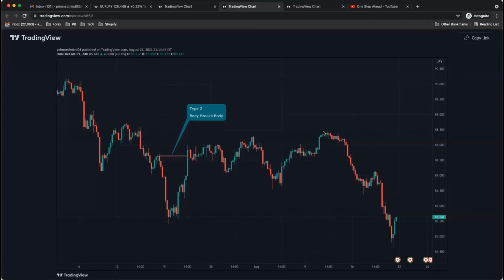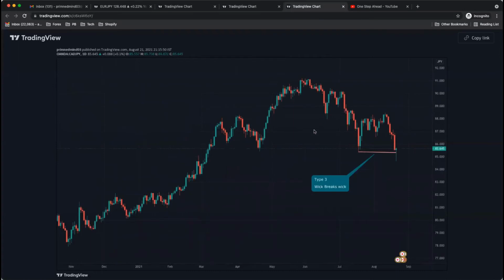Which moved to the upside. The third and last is kind of a weird one. I don't use it, but it's there: wick breaks wick. The candle wick is broken by the candle wick. I find this less probable, because I don't shift the time frame too often; I use a common time frame which everyone uses, and I will talk about it.